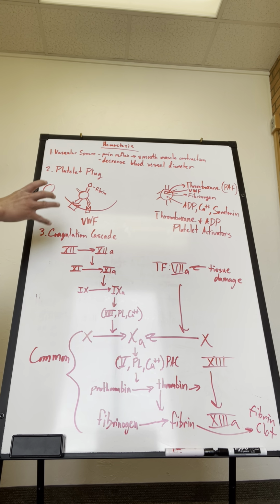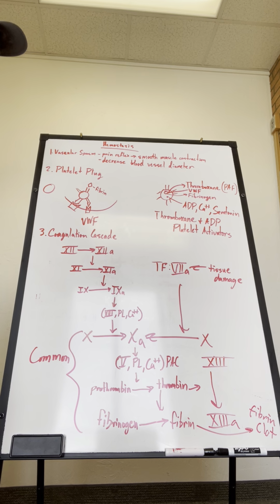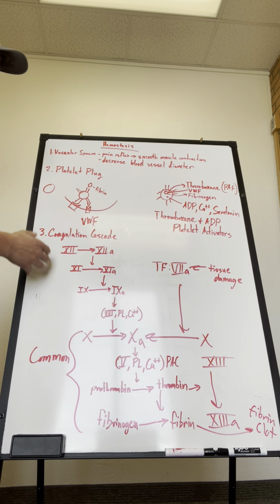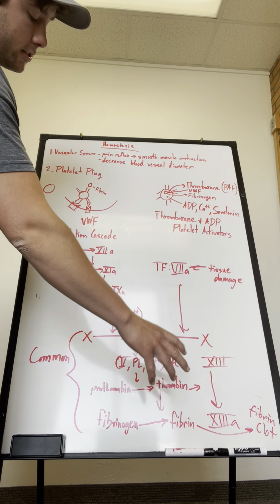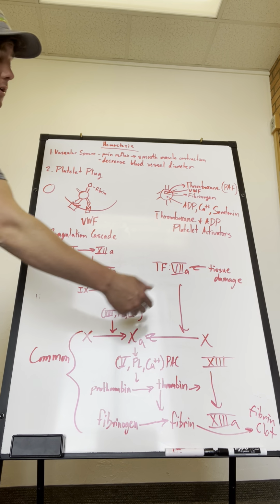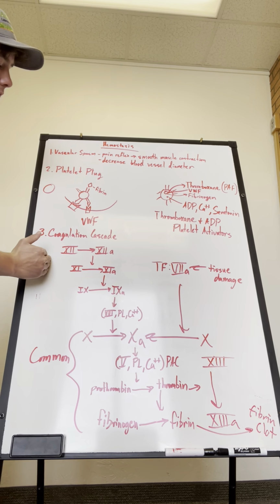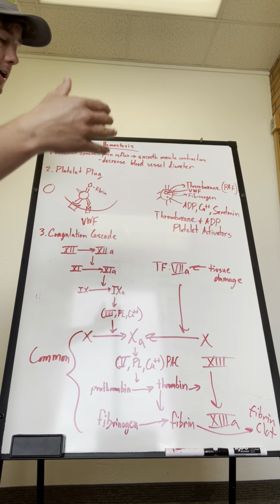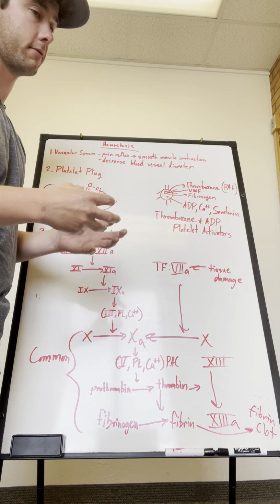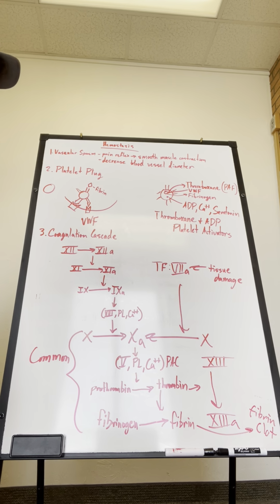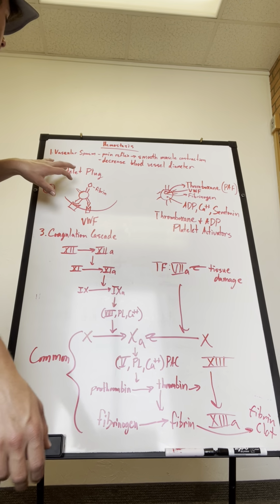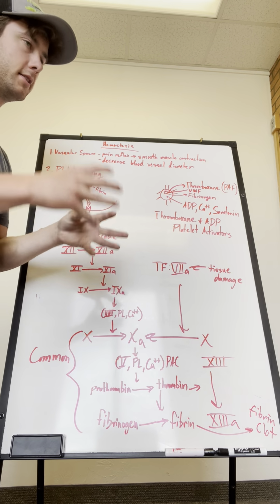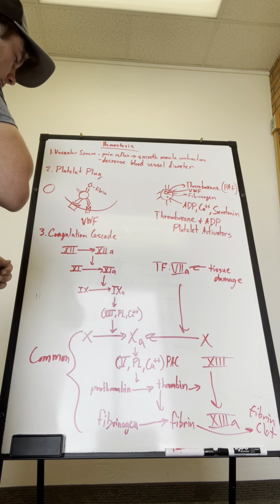There's a bunch of factors that go into this, and they're pretty generically named, but they're important in this cascade because it all leads to a common pathway where your extrinsic and your intrinsic meet up and form that fibrin clot at the end. So your fibrin clot and your platelet plug are going to work together to close this hole.